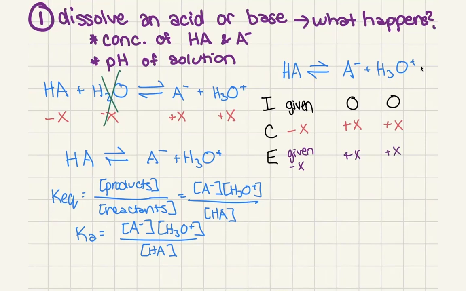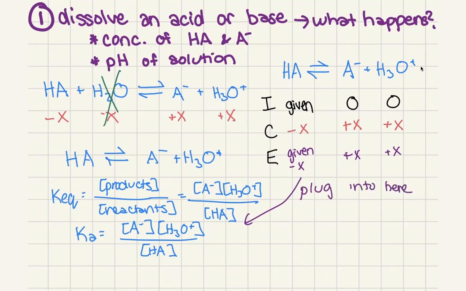And so now we can say that this is going to be our equilibrium concentrations, and the Ka is going to be using the equilibrium equations. So we can plug into here.